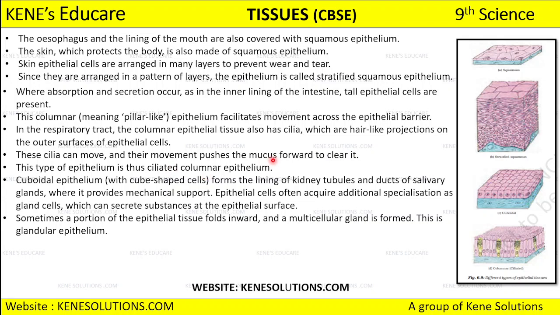Then the next type that we have is cuboidal epithelium. Can you see the structure of this cuboidal epithelium? How does it look? It is a cube shaped cell, and that is why we call it cuboidal epithelium.